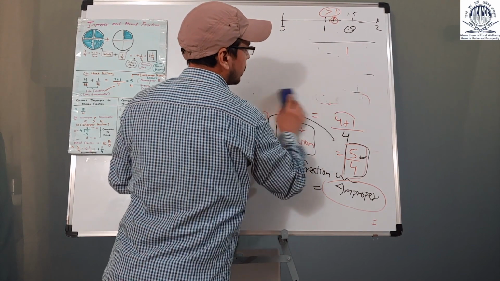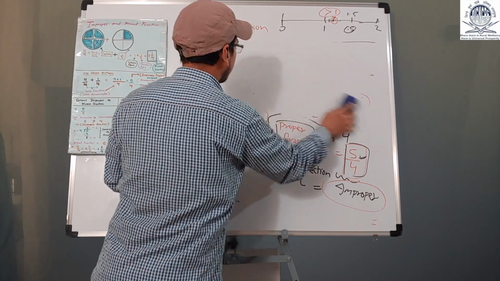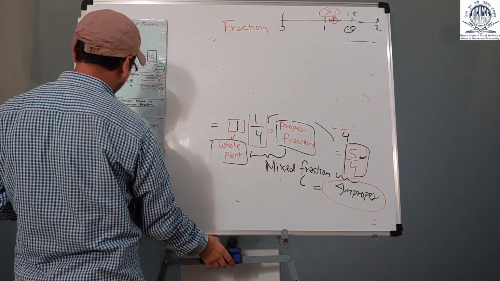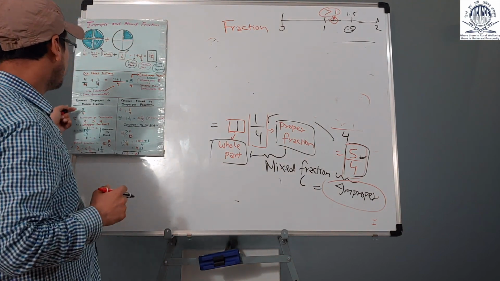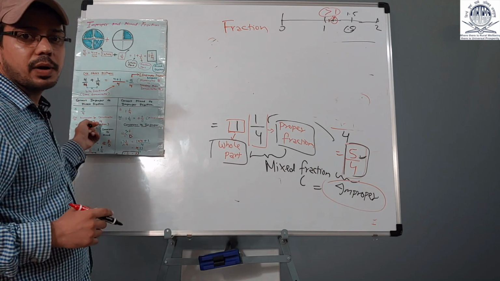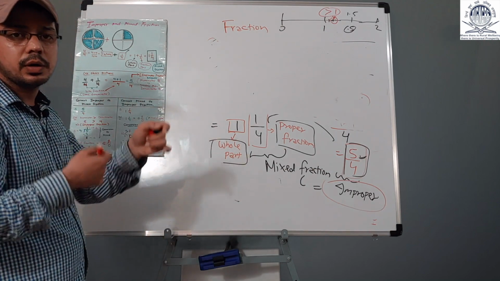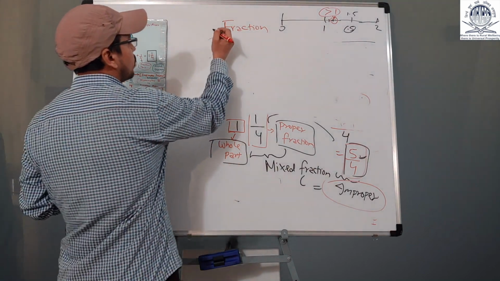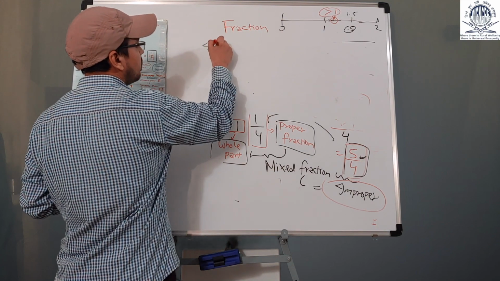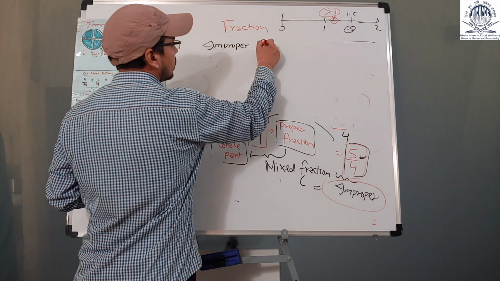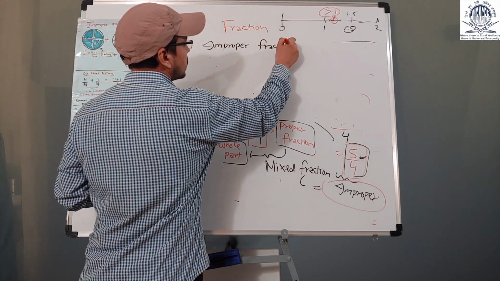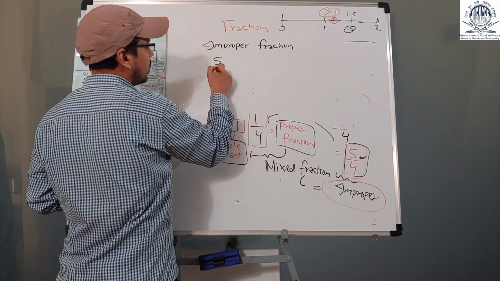Now let's say we have a fraction over here, 5 by 4. Let's say we want to do the opposite: I want to convert 5 by 4 from improper to mixed. So I write my improper fraction, which is 5 by 4.